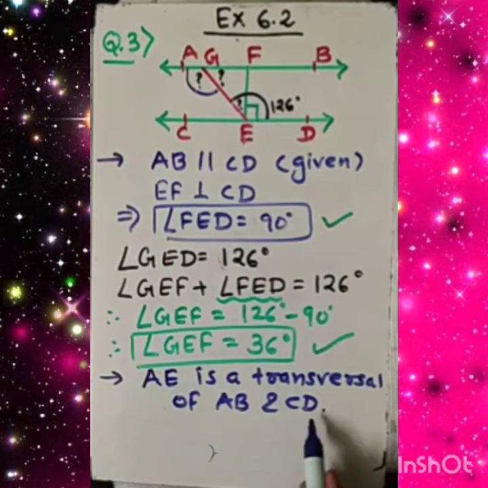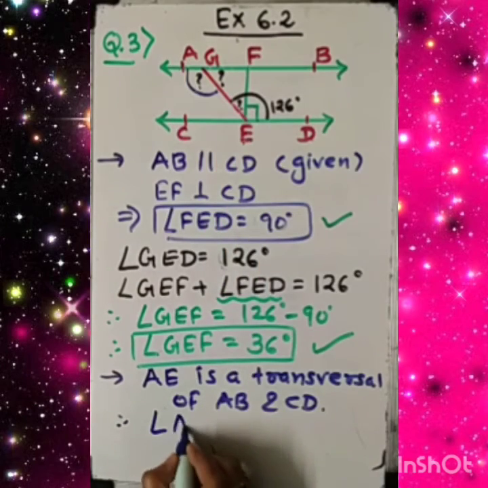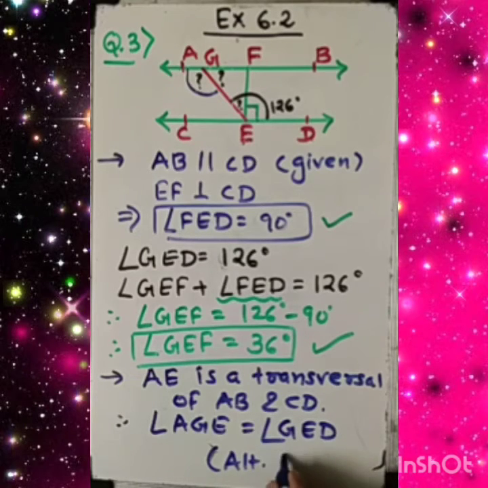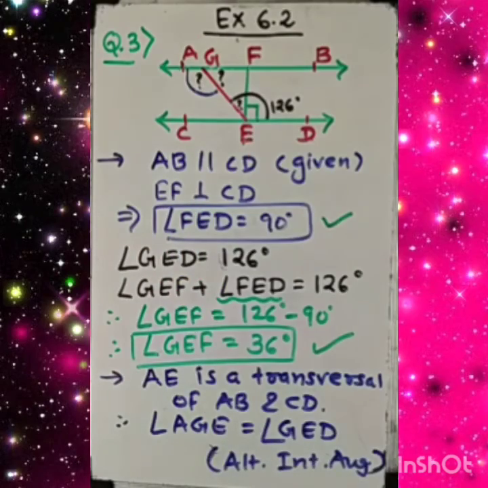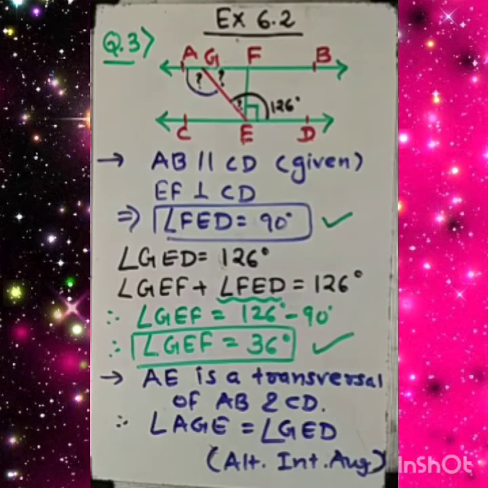They are parallel, so they form this angle AGE equal to angle GED. What is the relationship between these? They are alternate interior angles, and they are always equal. So the value of GED is already with us, 126 degrees, so I am putting it in place of GED.